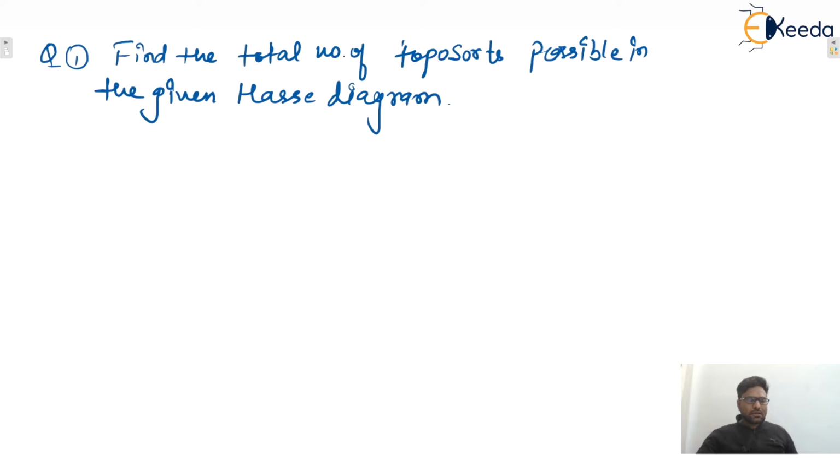So we can say that, let's say this is the given Hasse diagram with A, C, B.